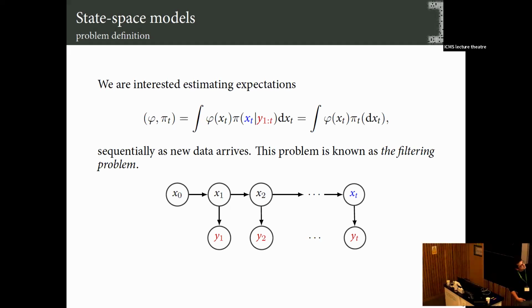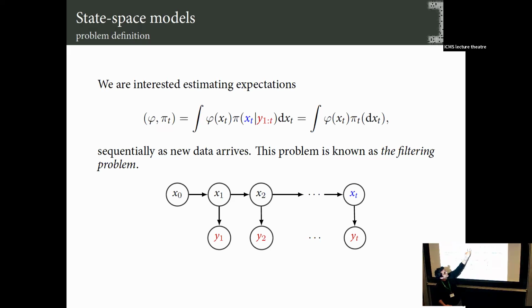We want to estimate the posterior of xt given all the data available, of course. So this is the conditional distribution of this latest state given all the past data. So I observed a bunch of data points and I want to estimate the posterior of those. And not only that, I want to compute moments potentially and expectations with respect to it, right? So what this phi could be, so why do I want to do something like this?